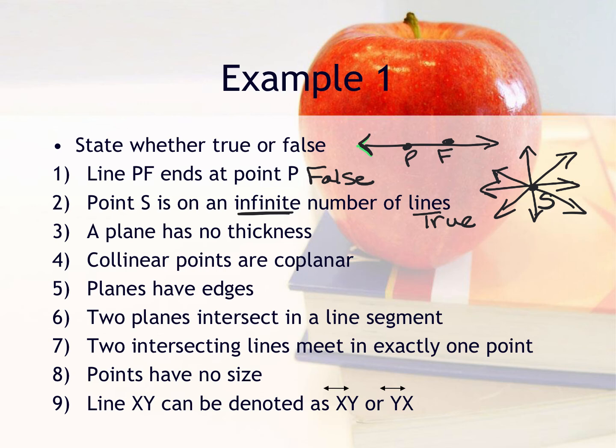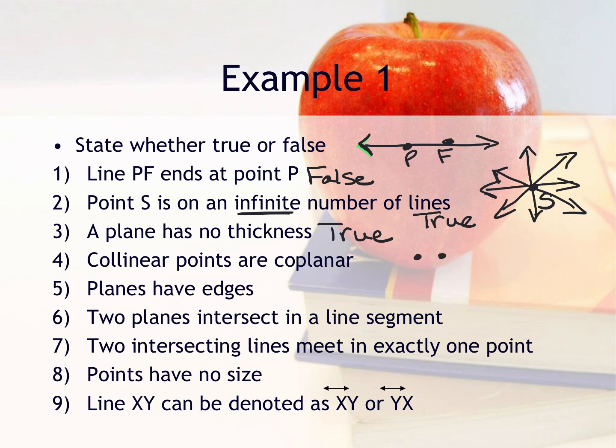The next one is right from the slide. A plane has no thickness. True or false? True. Perfect. That is true. Collinear points are coplanar.